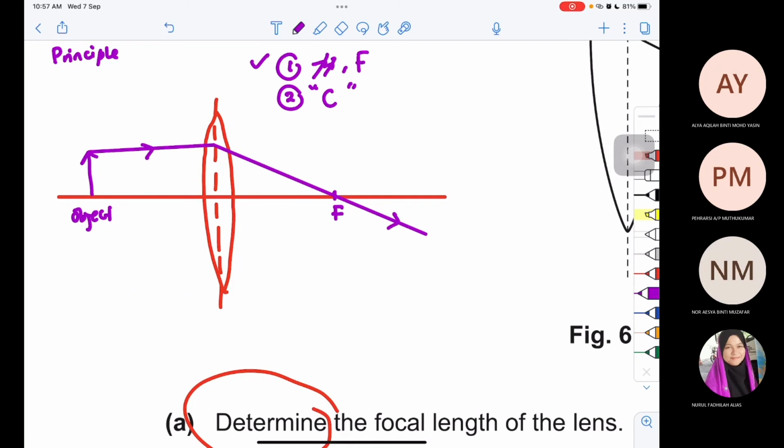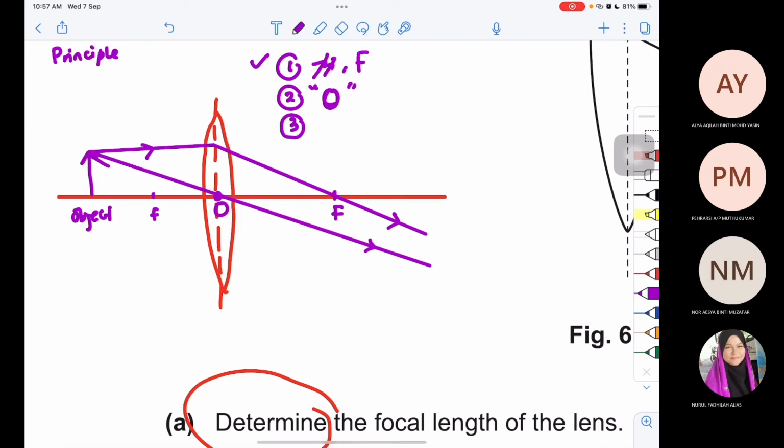Mana optical center class? Students? Sini kan? Yes, teacher. Betul. So you will draw line straight here. Now, actually, dia ada yang ketiga you kena tahu. Ada satu lagi. Katalah kat sini ada focal point juga.